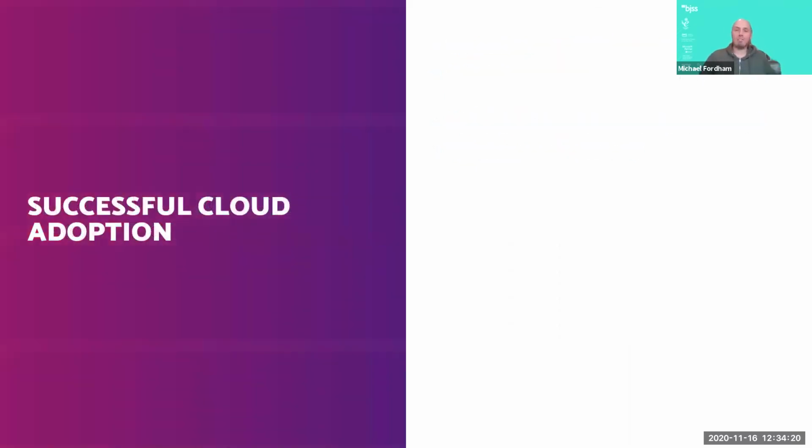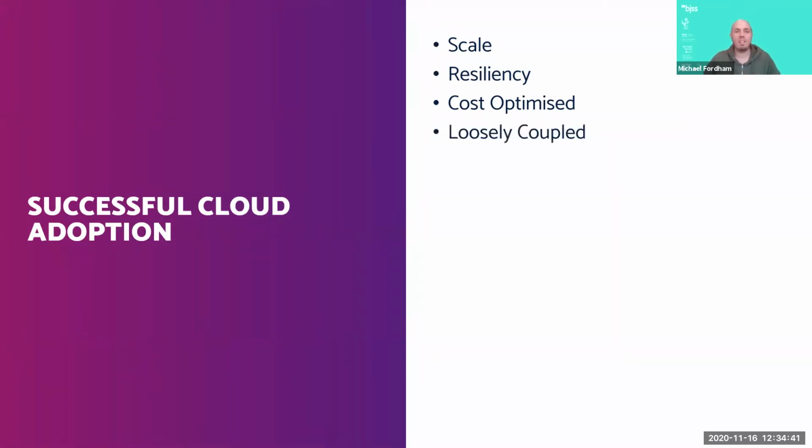Okay, so at a high level, what do we consider successful cloud adoption? So absolutely talk about scale, take advantage of the inherent scalability of the cloud, resiliency, cost optimization. That's not just right sizing your instances or right sizing the services you use, but also using them on demand.